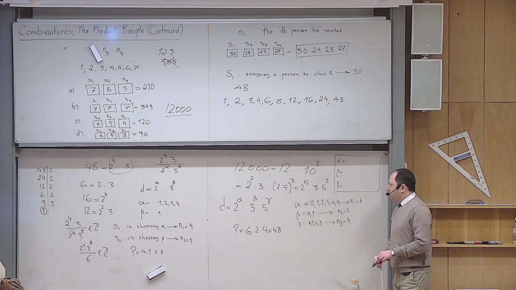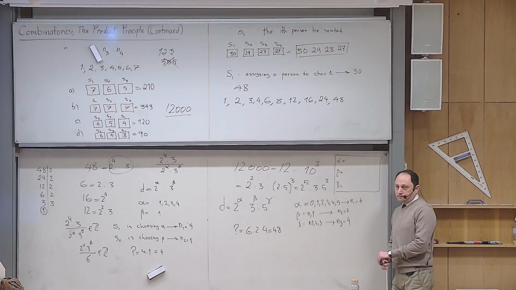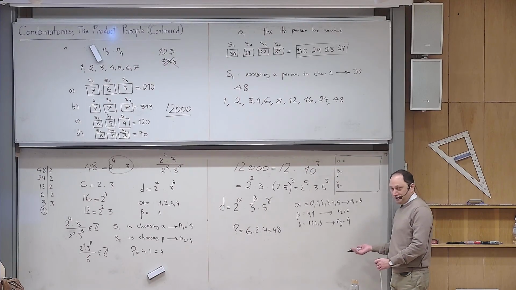So how many choices do I have for alpha now? How many? You don't need to just give me a number, tell me how to calculate.